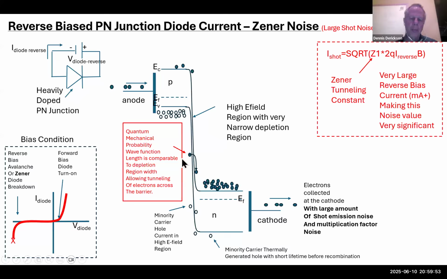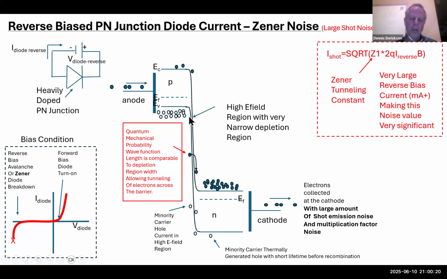It can't move anywhere. But the quantum mechanical wave function of this has a certain spatial extent. And if the spatial extent of the quantum mechanical probability waveform for the electron can extend through this small barrier, it can just tunnel through and then fall down the electric field right here. So Zener diode mechanisms rely on tunneling.